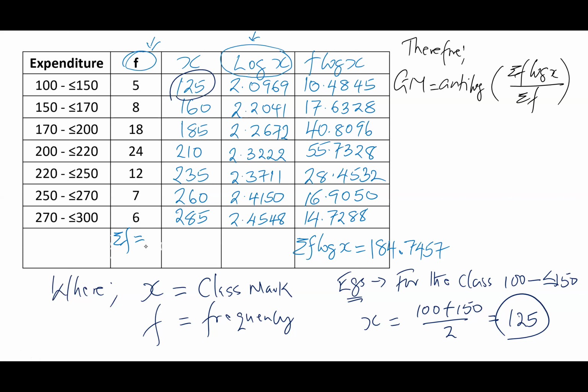So I substitute: geometric mean is antilog of 184.7457 divided by 80. Now you can use your calculators and tell me what you're getting.